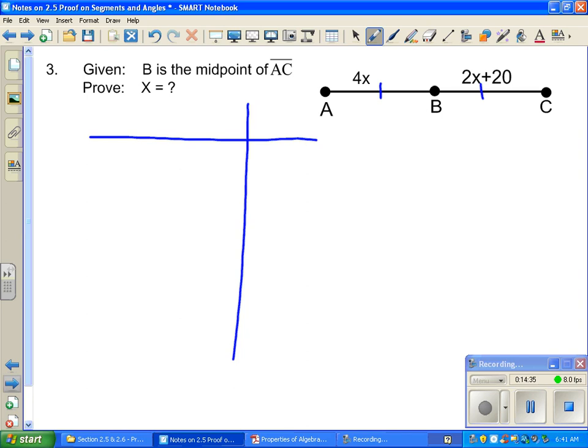And sometimes you don't really have to write those words, statement and reason at the top every time. I mean, if you know that's what goes up there is what you're putting in those columns, just make the T. And you don't have to make it even either. So that's why mine looks a little lopsided. I like to have my statement side a lot bigger. So midpoint of AC. So there's our given.